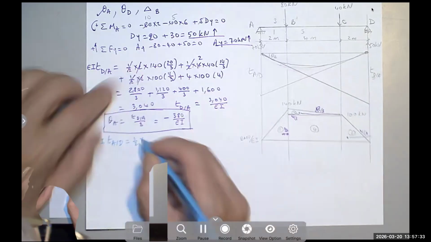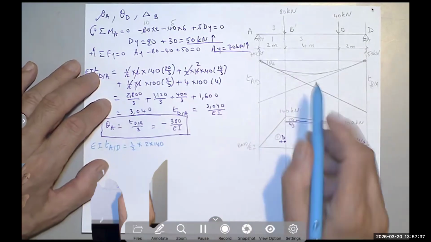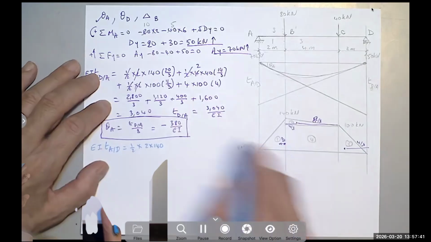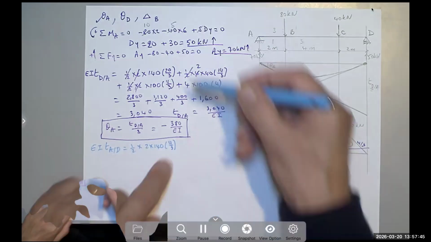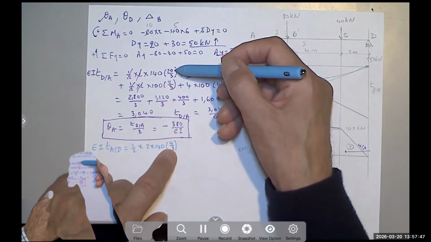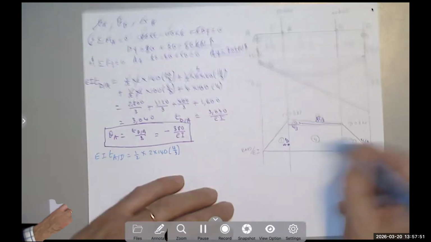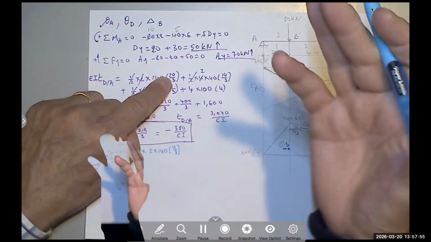Well, 1/2 times 2 times 140 stays the same. But now this distance is 4/3, right? If this is 2/3, then this is 4/3. Notice you can see that these two centroids must add up to 8, because A and D are 8 apart. So there is no reason to calculate it from here. I'm going to subtract this from 8, or 24/3.